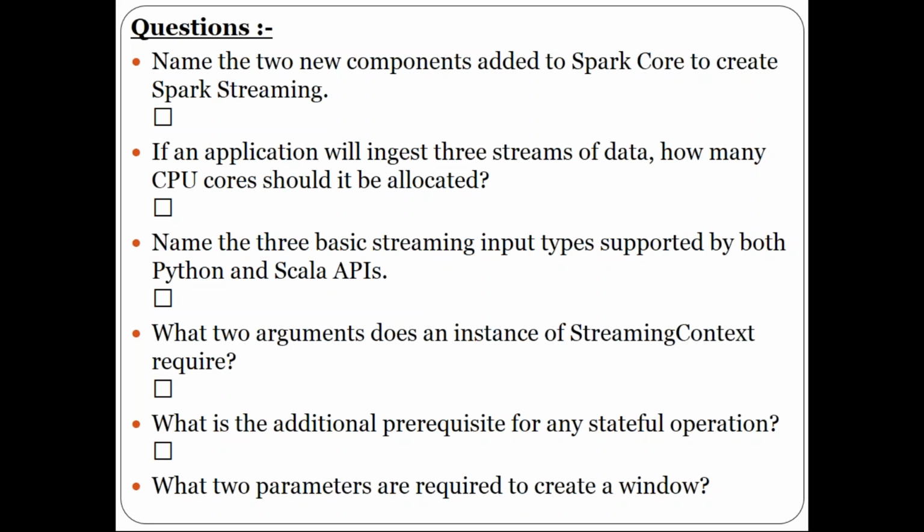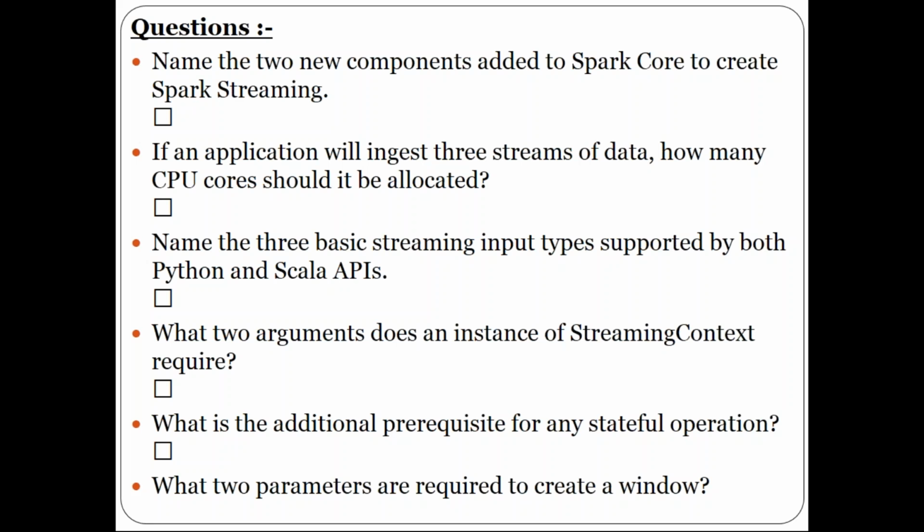If an application will ingest 3 streams of data, how many CPU cores should be allocated? 3 plus 1, 4. Name the 3 basic streaming inputs that are supported by both Python and Scala. Basic streaming inputs will be HDFS and Netcat. Third one I don't remember.